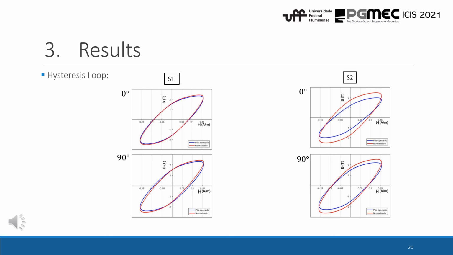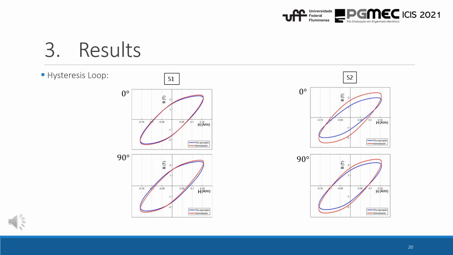Comparing the graphs, it can be seen that the maximum permeability and the maximum induction are the properties that most changed with the heat treatment, showing a general tendency to increase their values. This variation was more accentuated on the S2 surface, which also had the remanence value increased.